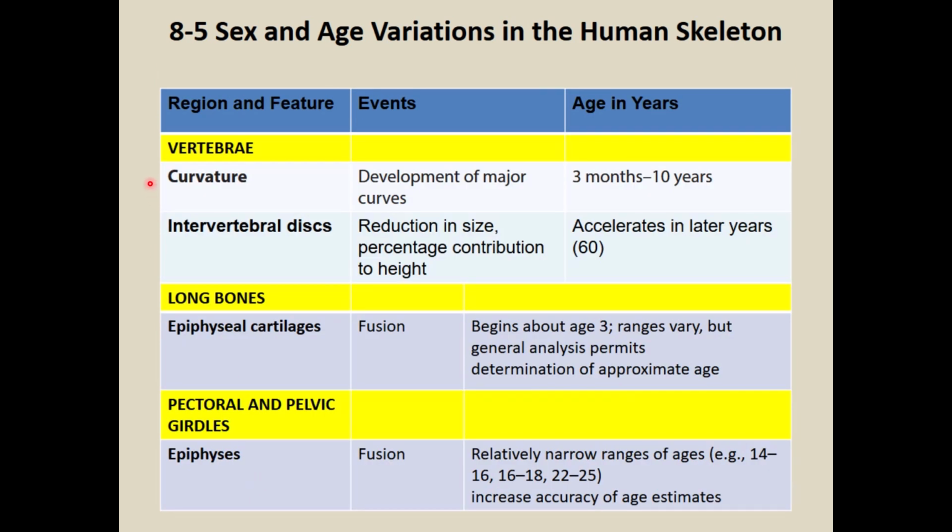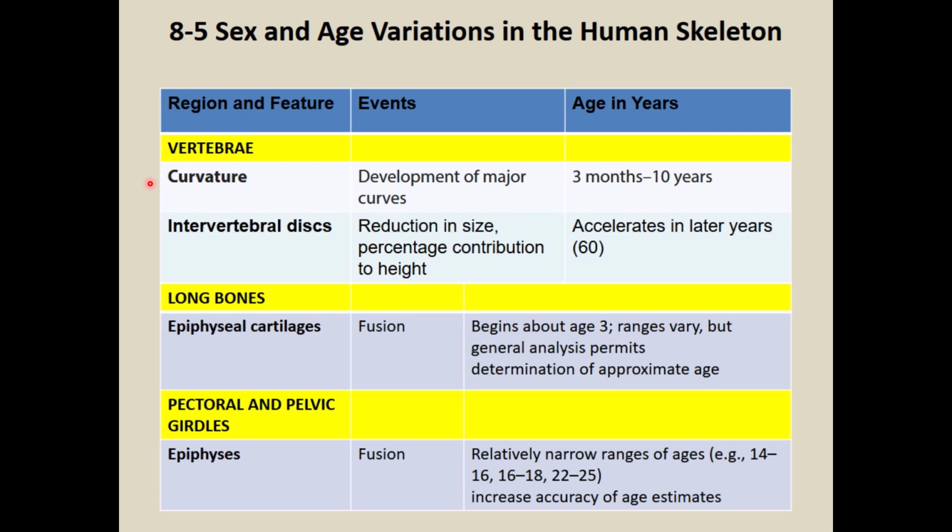For the curvature of the vertebrae, there are two types of curvatures. One is the primary and the other is the secondary. The primary ones are the ones that you're born with. One is in the thoracic area, the other one is in the pelvic area. The secondary curvatures develop from 3 months to age 10.